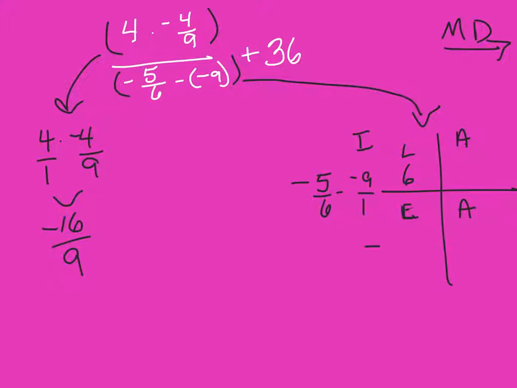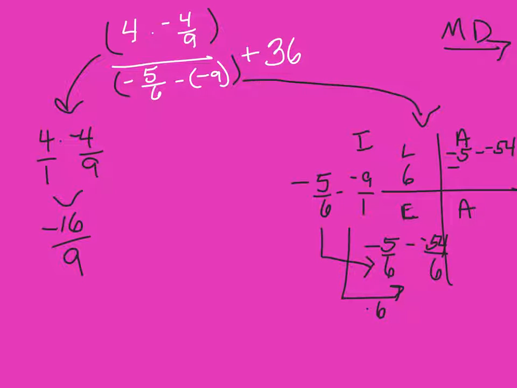Just to be clear, that is an E. It didn't quite look like one. I wanted to fix that. So I've got negative 5, 6, because that does not have to be changed. And I'm subtracting some negative number over 6. 1 times 6 gets me to 6. 9 times 6 is 54. I now ignore the denominators. I've got negative 5 minus negative 54.